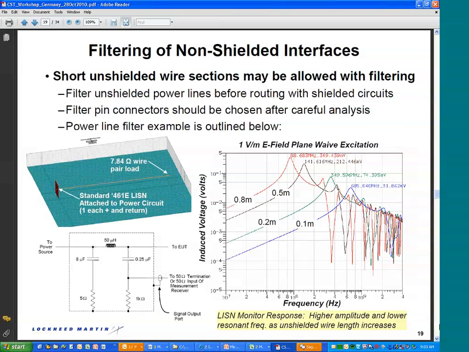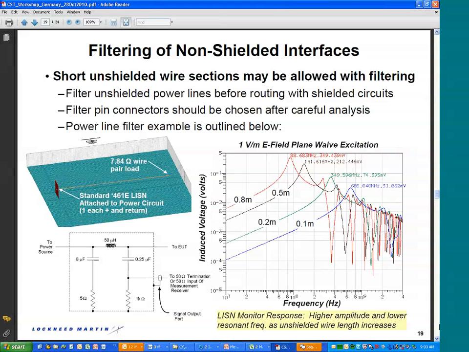And so you're able with the CST tools to put in a circuit at that plate, where you're going to have an unshielded portion of the cable, that's the interface where it is then going to be tied to a shielded portion on the left of that red little plate.